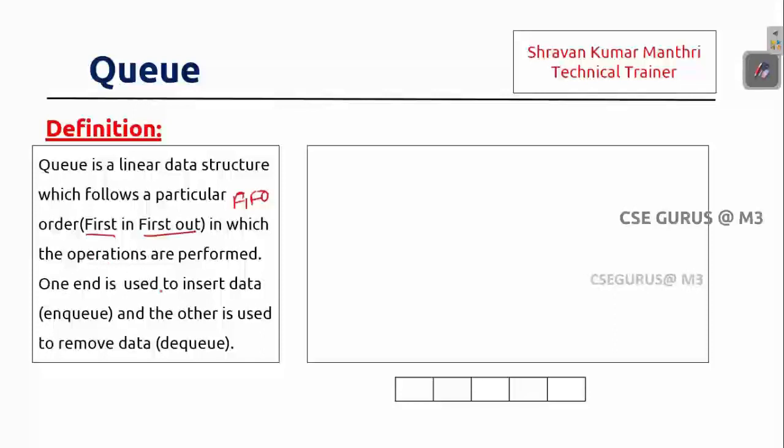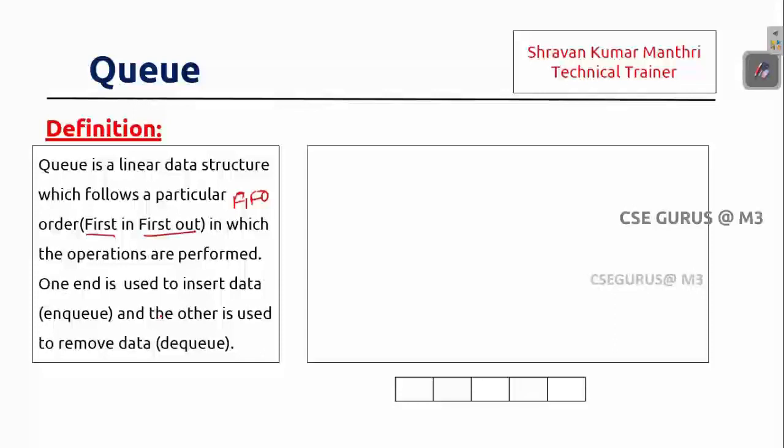The operations are performed such that one end is used to insert the data, which is called enqueue, entering the data into the queue, and the other end is used to remove the data, which is deleting from the queue. One end is always used for entering the data, and the other end is always used to remove the data.